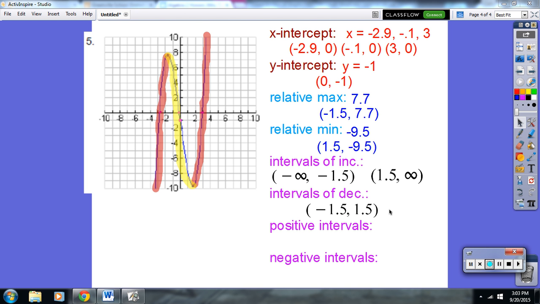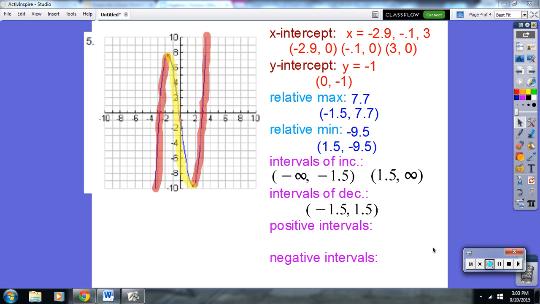One thing to keep in mind when we're talking about intervals of increase and decrease is that we always use parentheses. We do not use brackets for these intervals. Because at this one point, it's neither increasing nor decreasing. It's the point where it changes direction, so we can't include those x values.